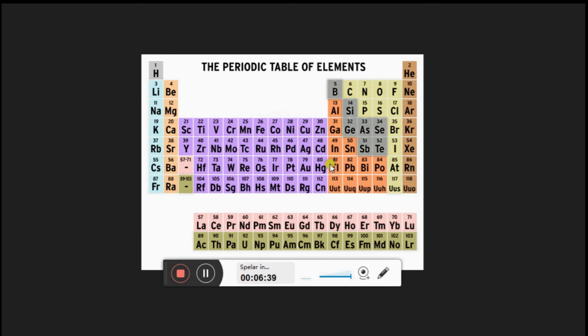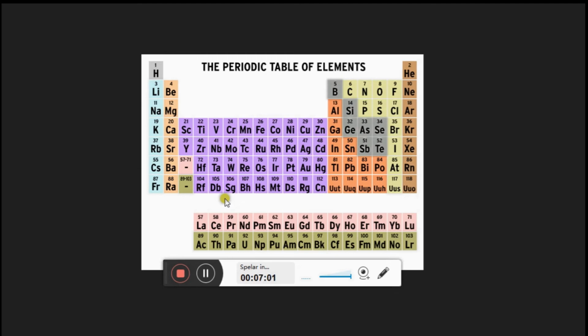Some of these have been made by scientists, while most of them occur naturally, and those are known as the natural elements, whereas those which emit harmful radiations are known as the radioactive elements.